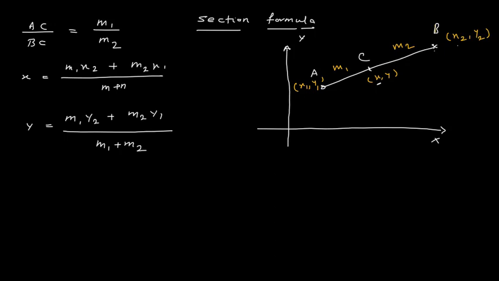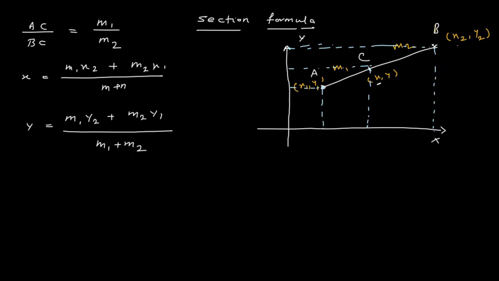Now what do we do? For the derivation, we will draw perpendiculars to the x axis. Similarly we will draw perpendiculars to the y axis from all these three points.